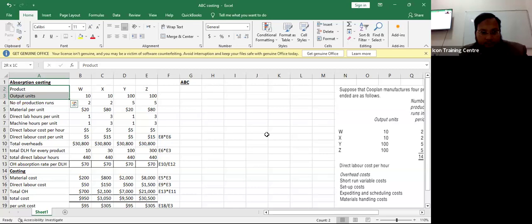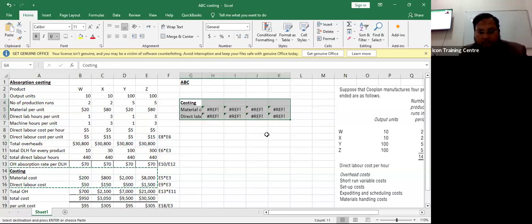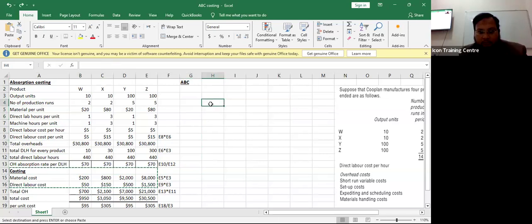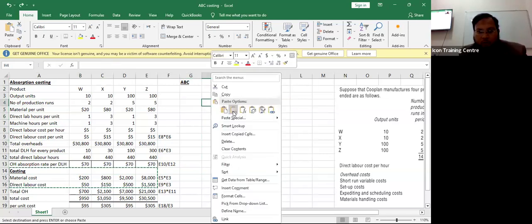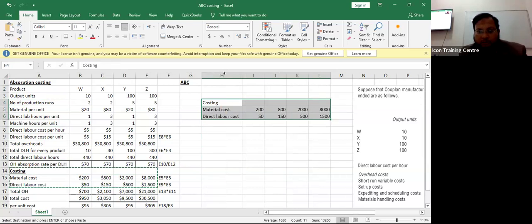Here, the only difference we will see, this is similar, right? This is absolutely similar. No change in this.